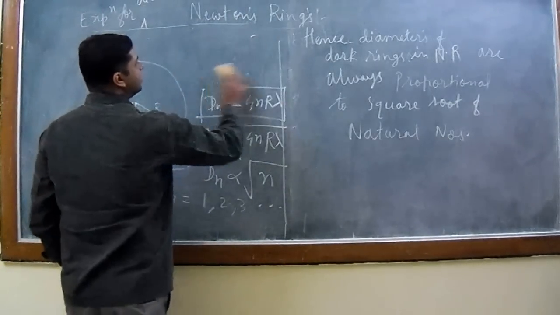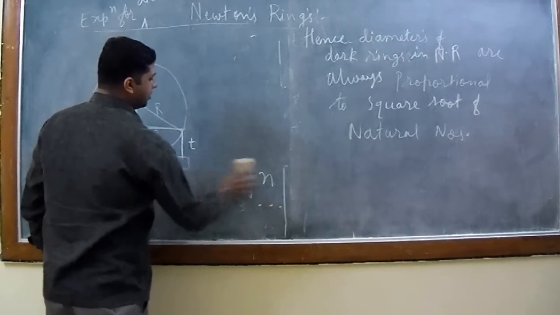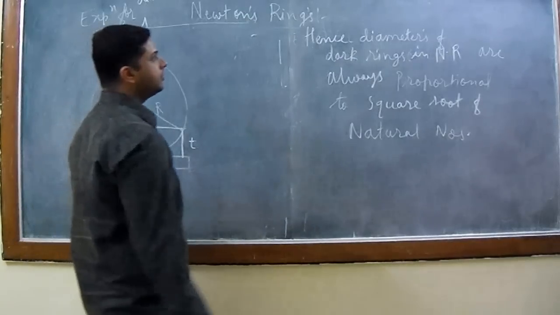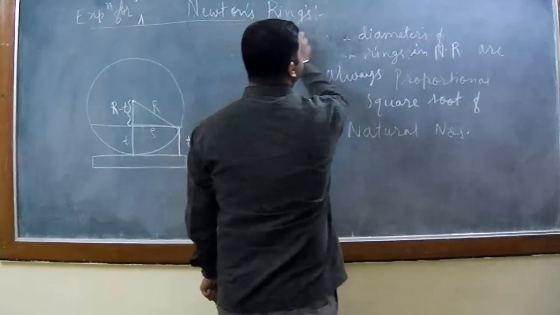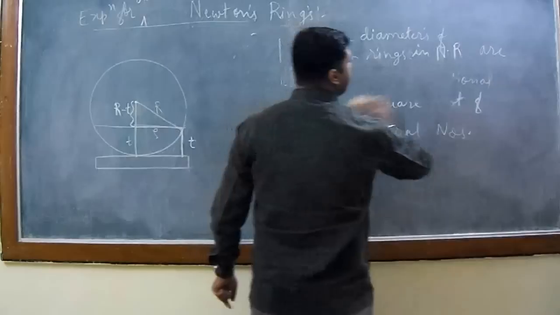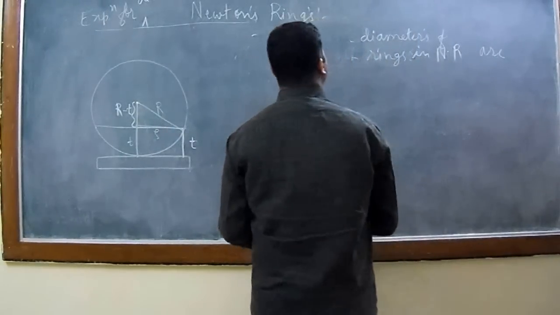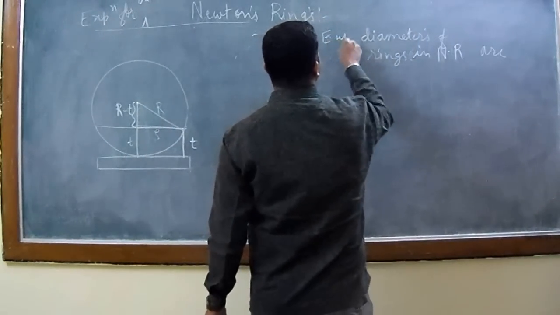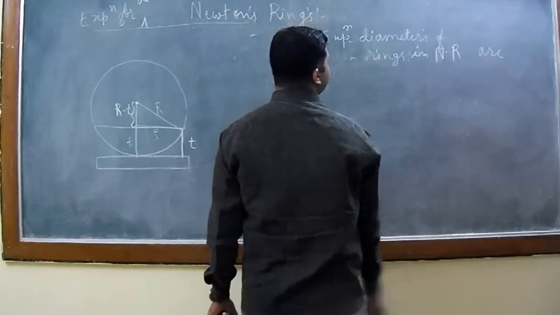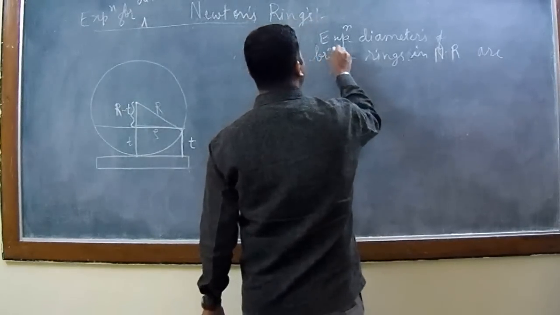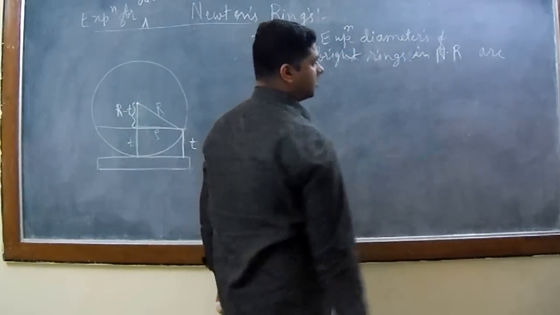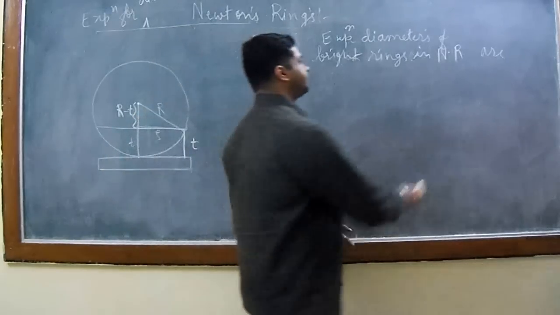Then, in a similar way, we have to derive the expression for diameters of bright rings in Newton's rings experiment.